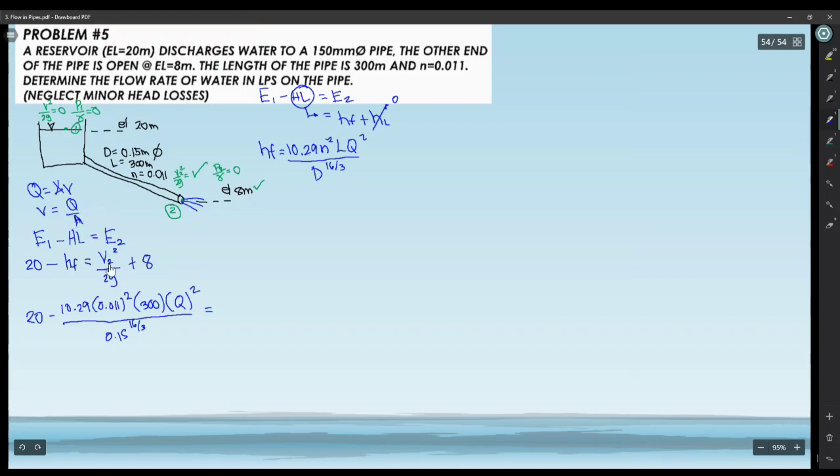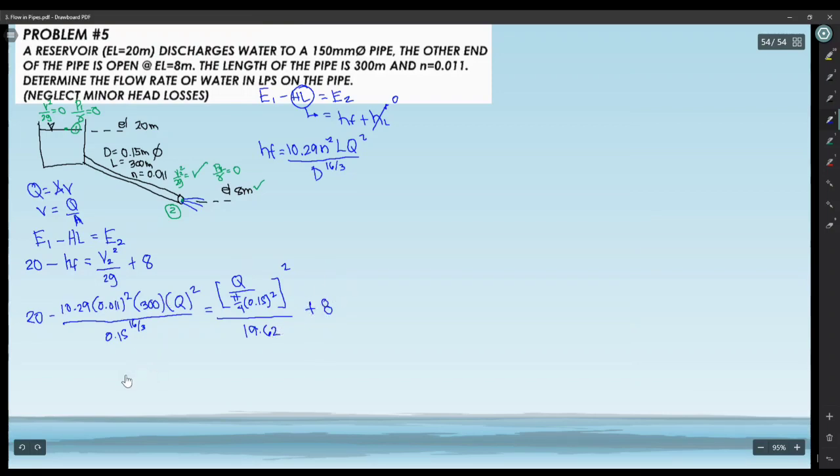So ito is isa-substitute ko dito. So mangyayari dyan, this will become in terms of Q all over pi over 4 multiplied by diameter of pipe of 0.15 squared. Okay? So para isa na lang yung unknown, no? And then, don't forget na squared pa nga pala siya. Divided by 2g or 19.62. And then plus 8.